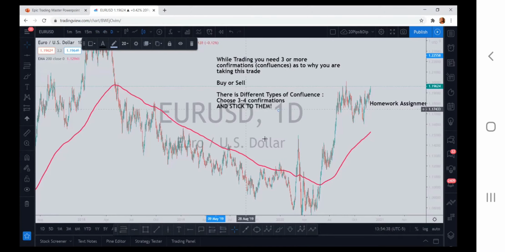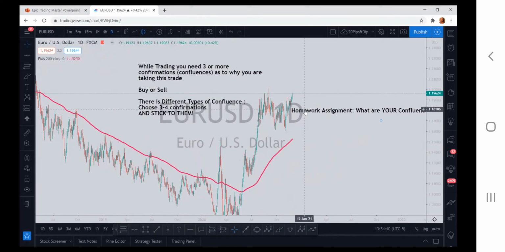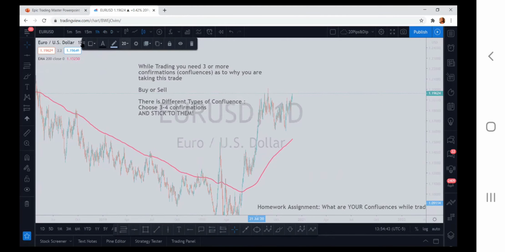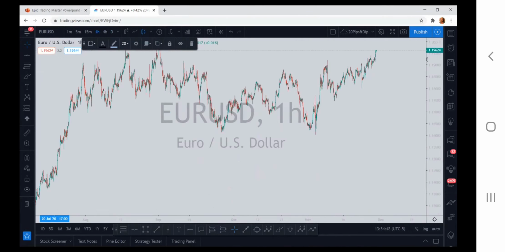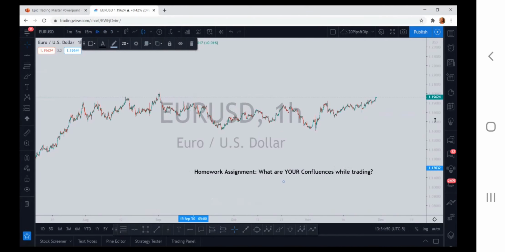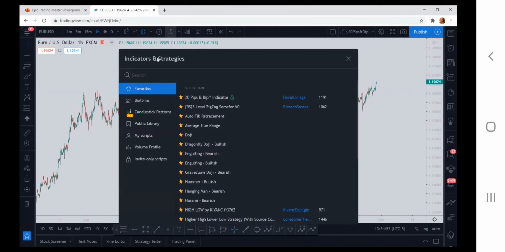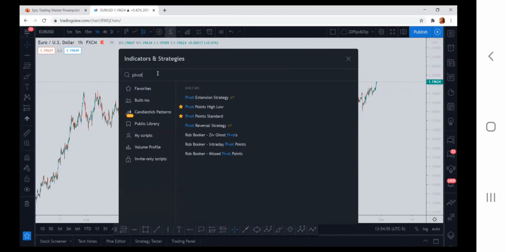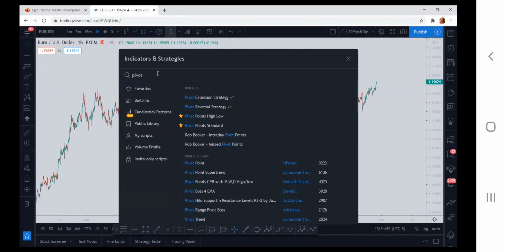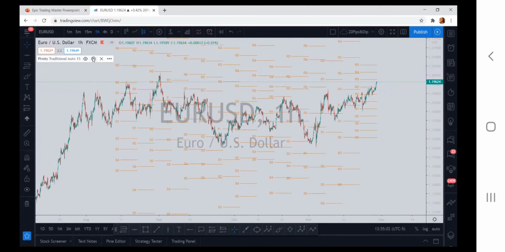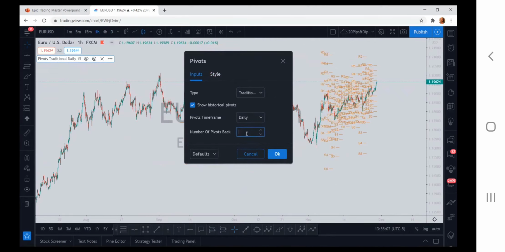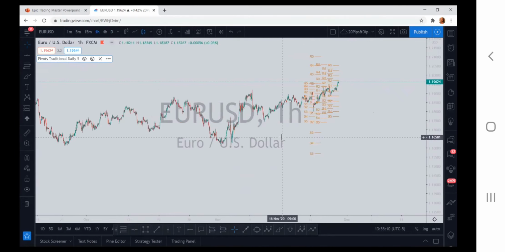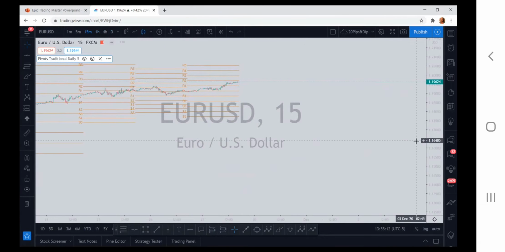Okay, pivots is something that we didn't talk about much in the course, but I will bring it up now. So pivots might be your confluence. So you go to FX, go to pivot point standard. Okay, so let's go to 15-minute.